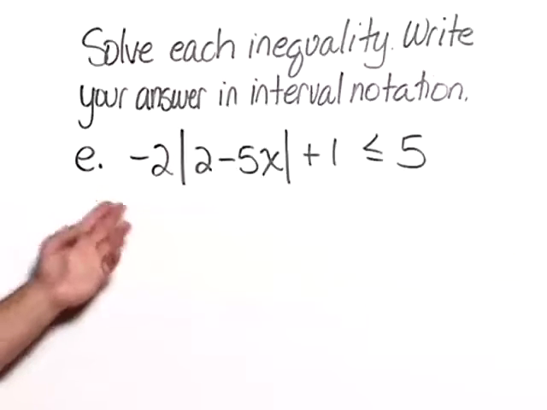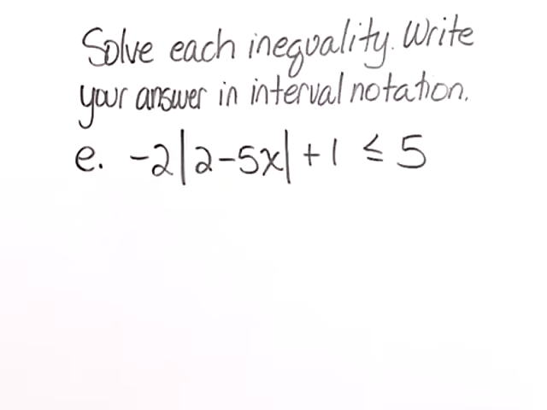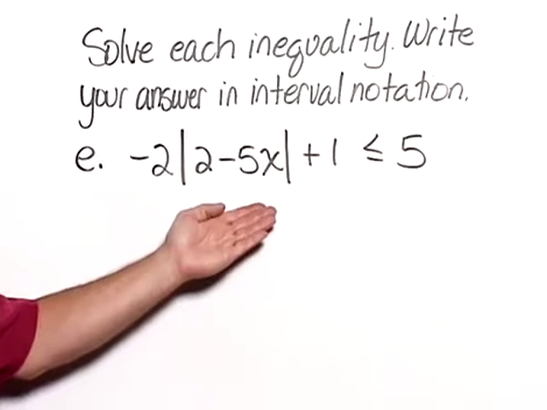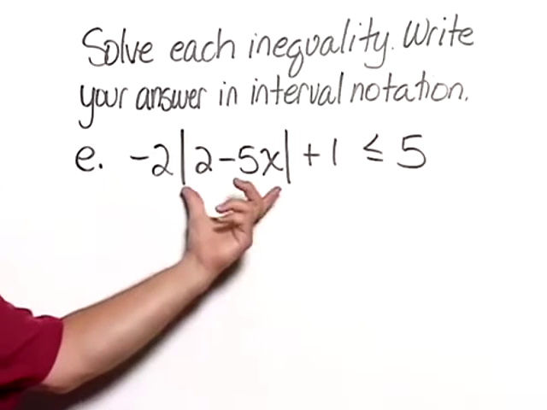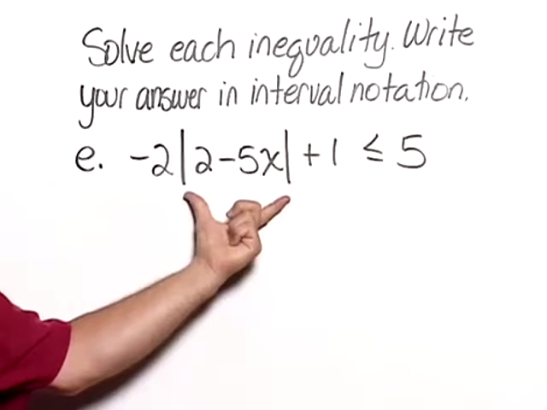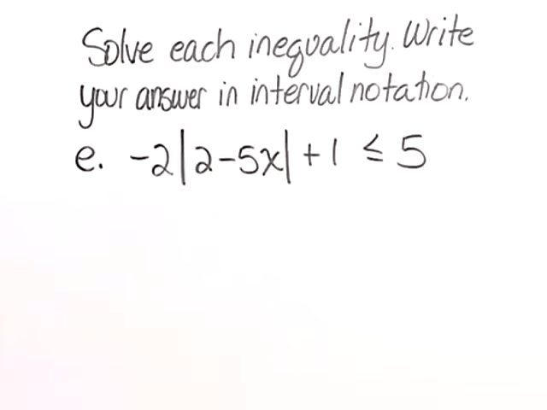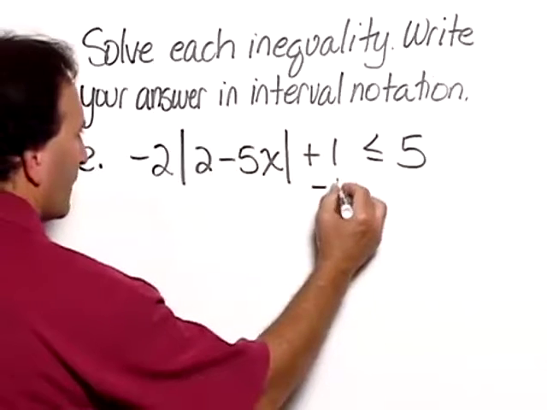For part E, we have negative 2 times the absolute value of the expression 2 minus 5x, plus 1, is less than or equal to 5. To solve this type of inequality that includes an absolute value expression, we first have to isolate the entire expression. So that means we should subtract 1 from each side. Let me show that vertically.